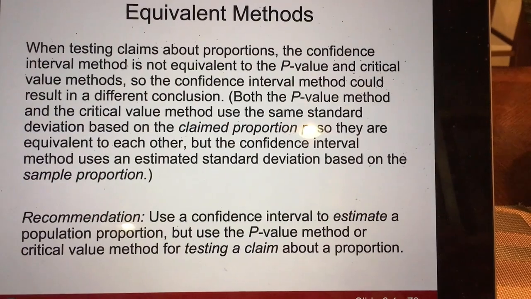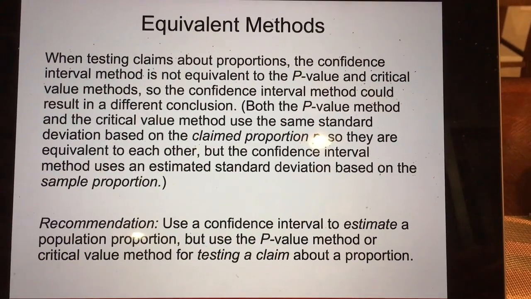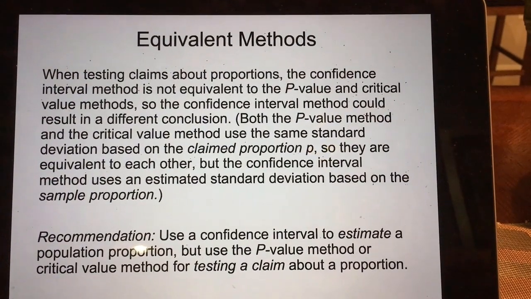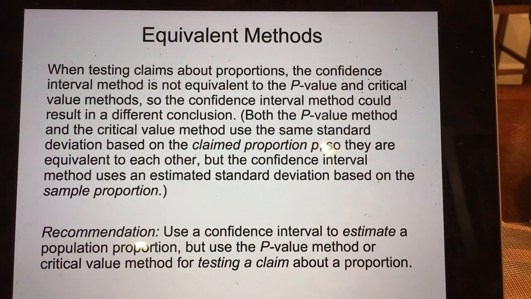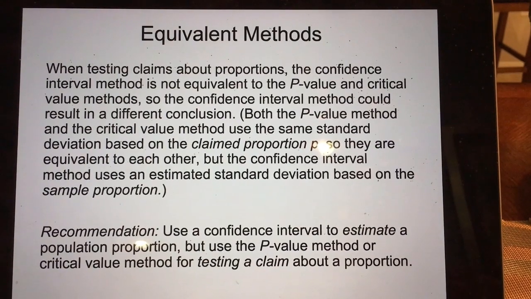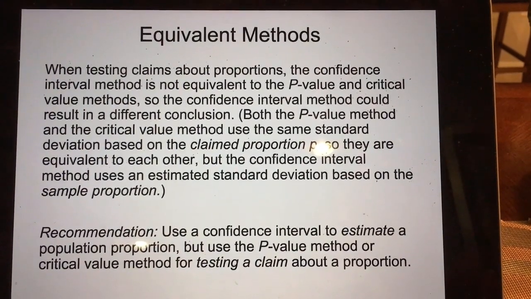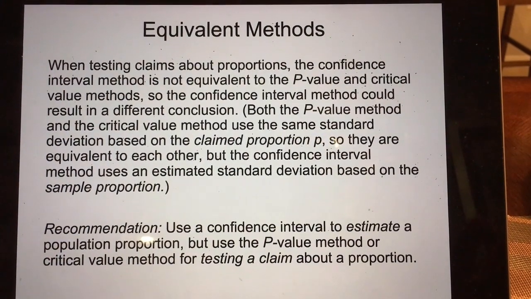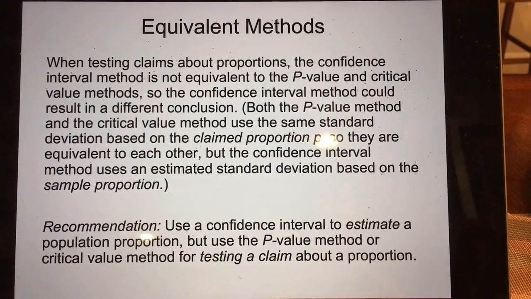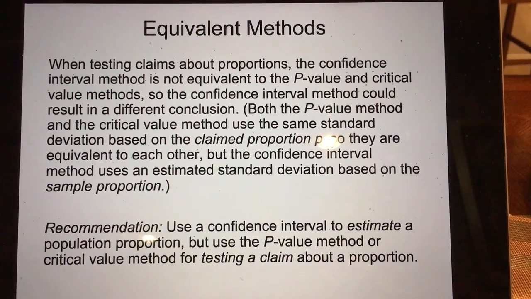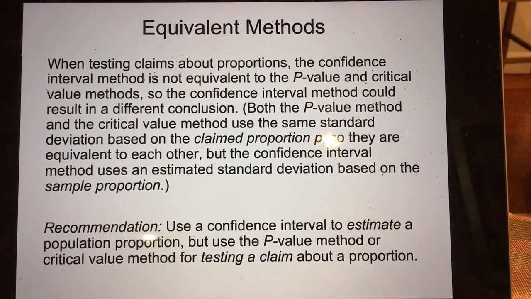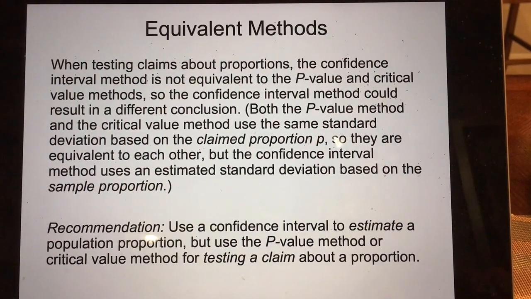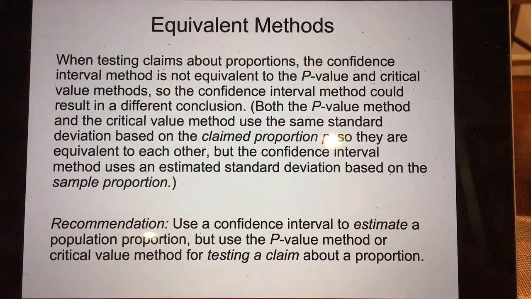Now, the equivalent methods where they're talking about confidence intervals, we're not going to get real into the confidence level method here because we just have a little bit of time. We've got a lot to master. I'm not going to worry about confidence intervals very much, but when testing claims about proportions, the confidence interval method is not equivalent to the p-value and the critical value methods.